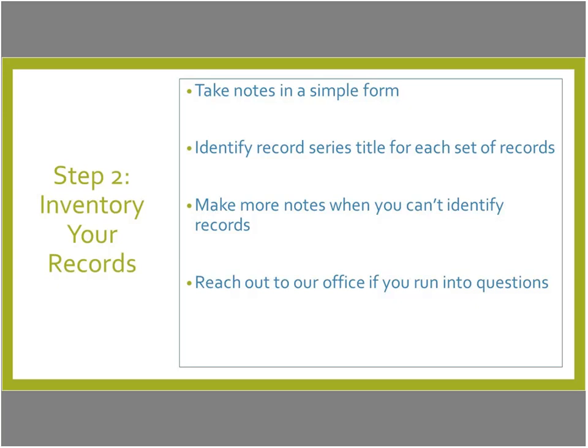So, then what you do is, you theoretically do the inventory first. And you might not have to do this, so keep in mind, lots of people don't need to do the inventory. But you do the inventory first, and then you've got the list of the records, and then you can go and you can try to identify what record series title covers it.